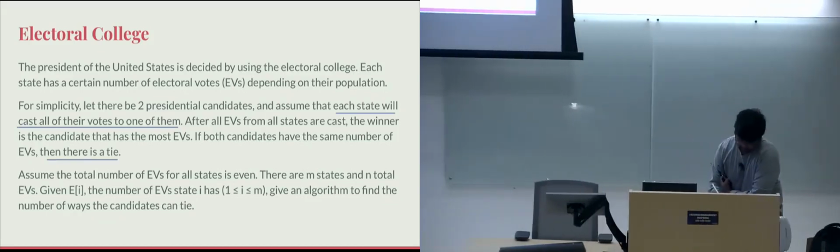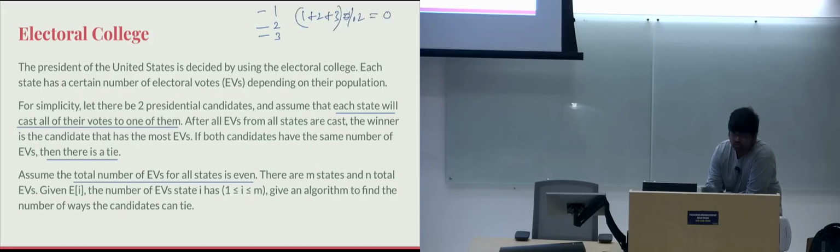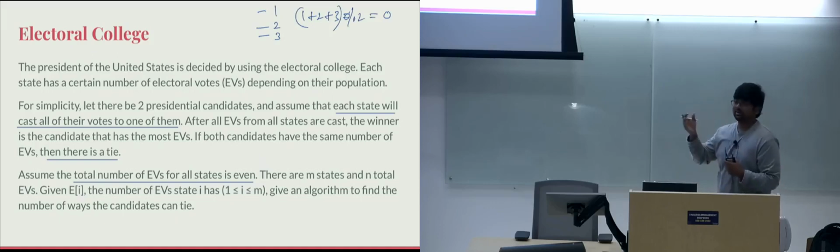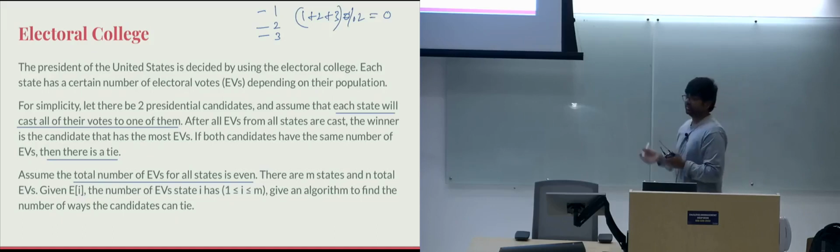And there is one more constraint here: the total number of EVs for all the states is even. So if state 1 has 1, state 2 has 2, state 3 has 3, the sum of these should always be an even number, so the sum mod 2 should be equal to 0. If you add up all the states' votes, it should be an even number.